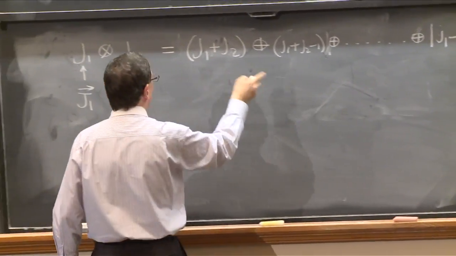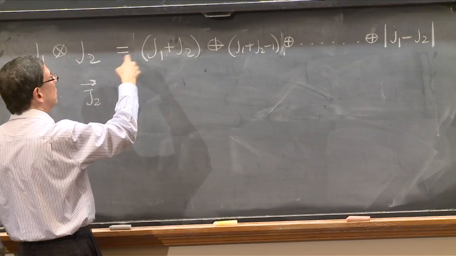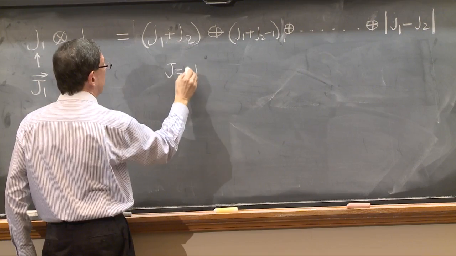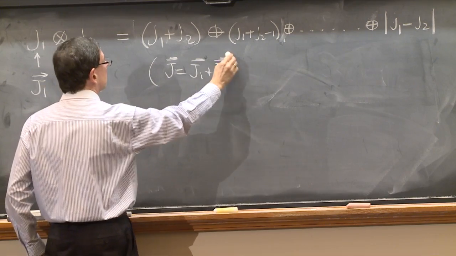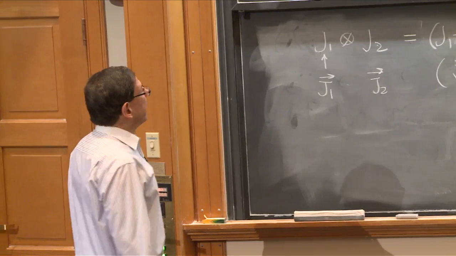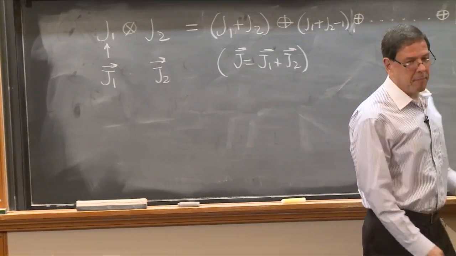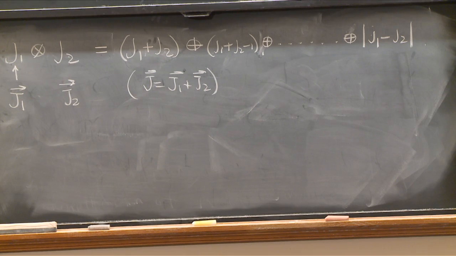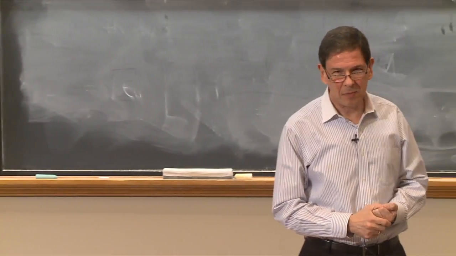And these are all representations or multiplets that live in the tensor product, but are multiplets of J equal J1 plus J2. These states here can be reorganized into these multiplets, and that's our main result for the addition of angular momentums. Mathematically, this formula summarizes it all.